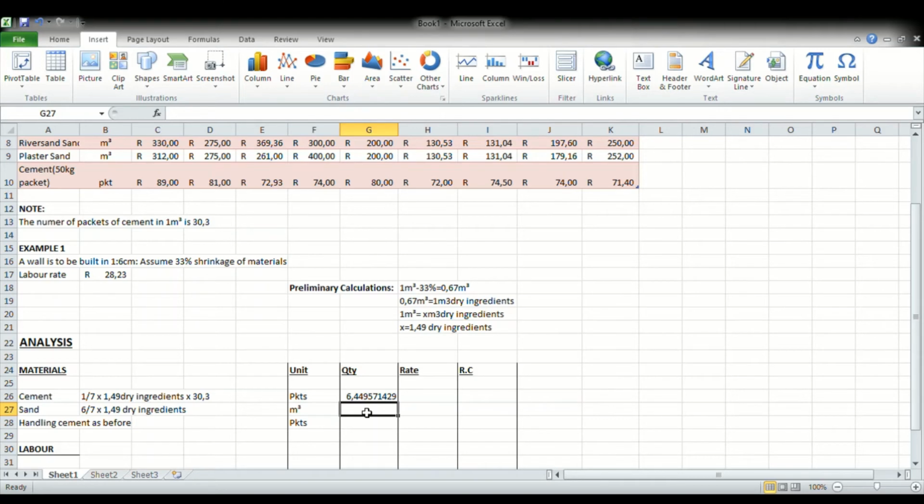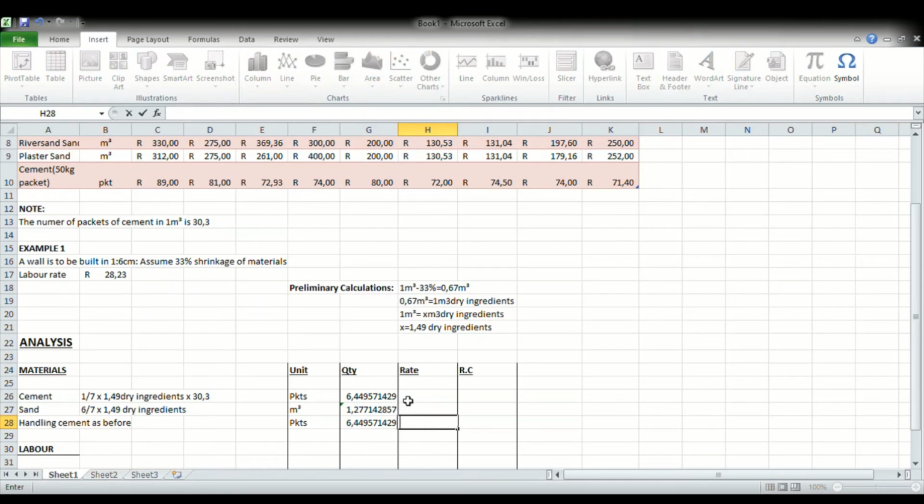That gives us a total of 6 divided by 7 multiplied by 1.49, which gives us 1.277. And then handling of cement, as before, I'll just copy and paste it there.